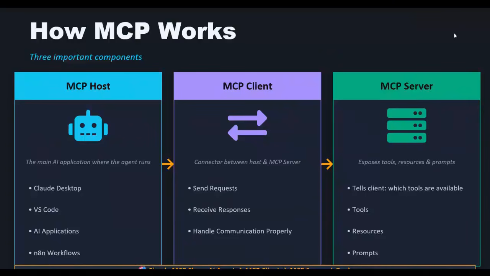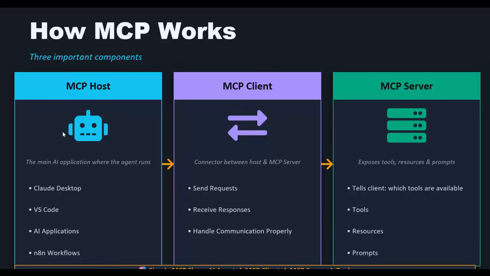First, we have to discuss MCP architecture that you can see here. MCP mainly works using three important components that you can see here: MCP host, MCP client, and MCP server. So let's start with the MCP host. The MCP host is the main AI application where the agent runs. And here you can see different examples of MCP host: Claude Desktop, VS Code, AI applications, and it may be n8n workflows.